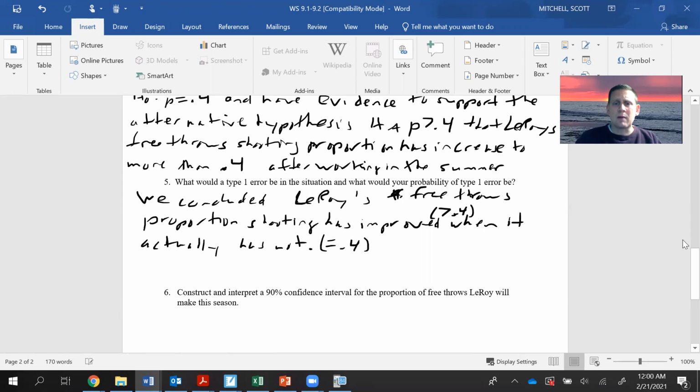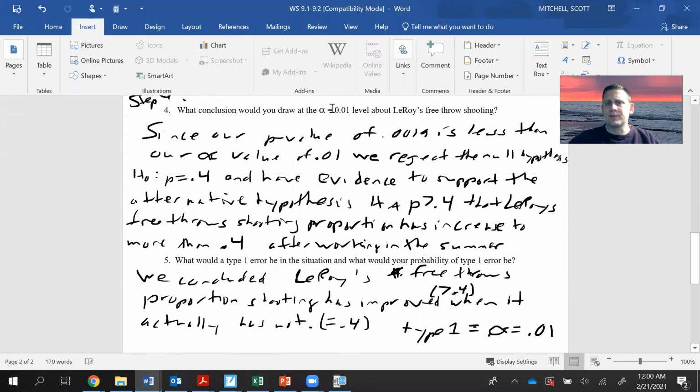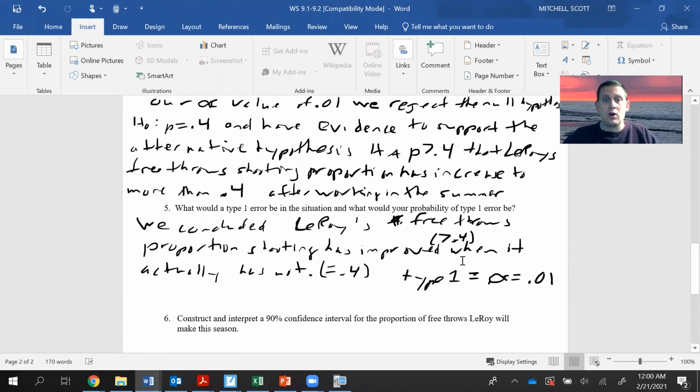Okay, so the probability of type 1 error is always equal to your alpha level. So whatever alpha level you use in your problem is type 1 error, because that's the level that made you decide to reject the null.